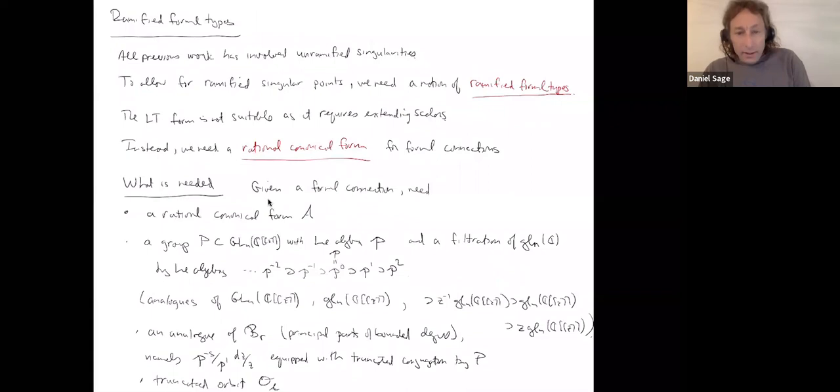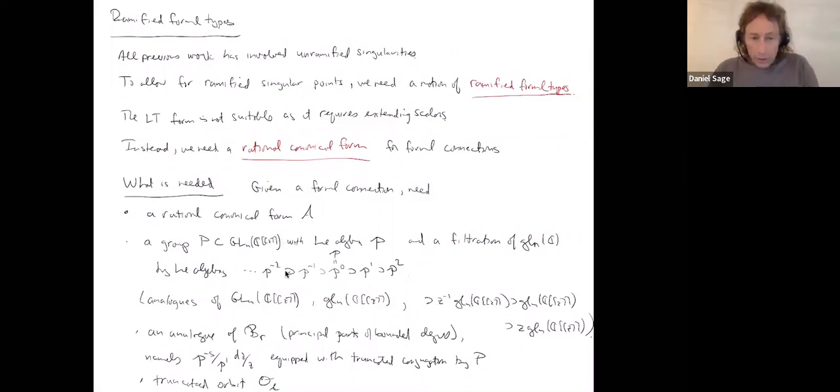What we need is a rational canonical form. So the level-Turton form is basically a Jordan canonical form for connections. For these moduli space problems in the ramified case, we really need rational canonical forms.